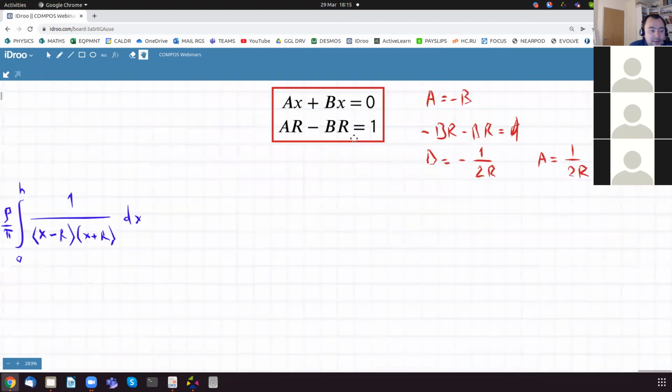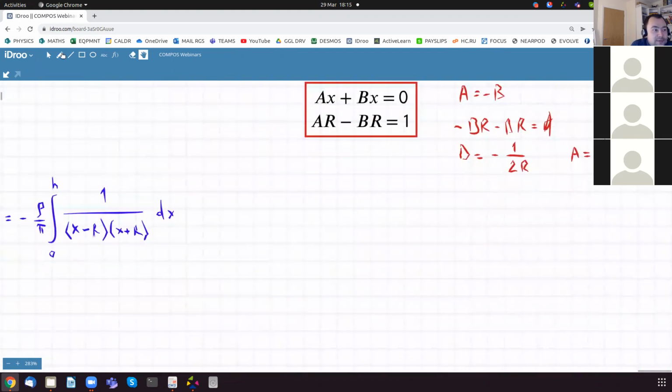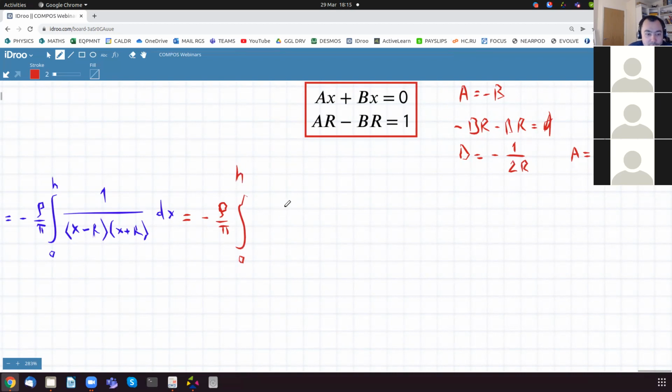So this can be written as, I hope I haven't lost you, minus rho pi integral from 0 to h of 1 over 2r x minus r minus 1 over 2r x plus r, dx.